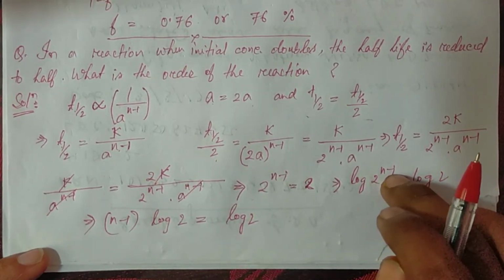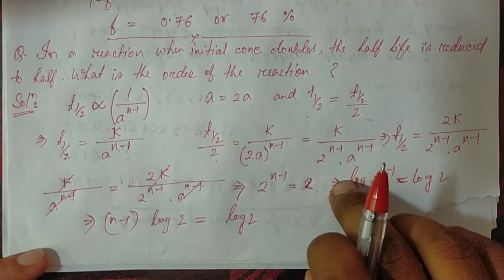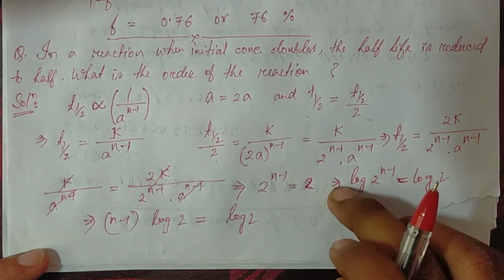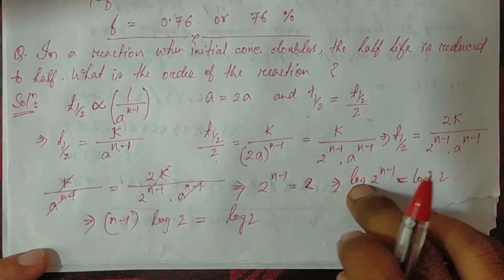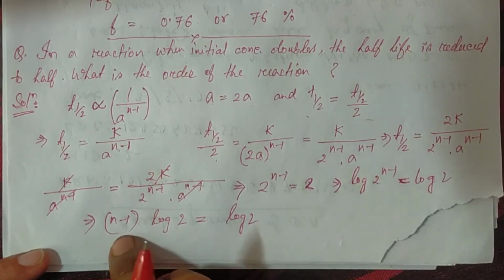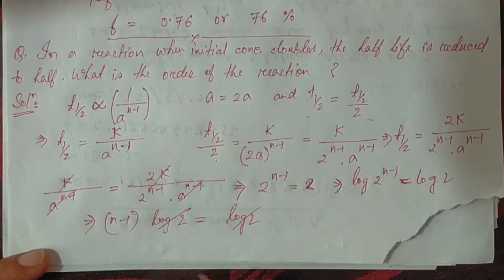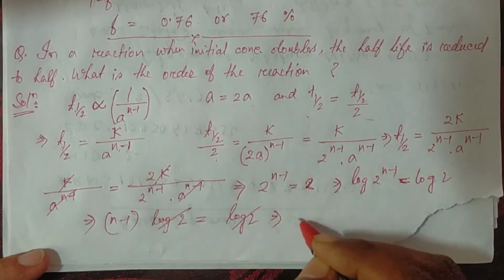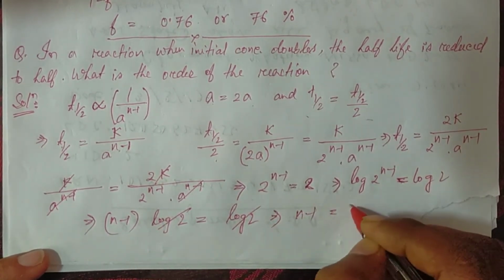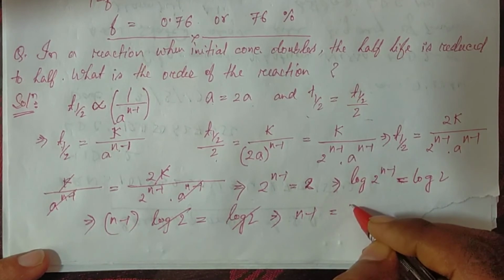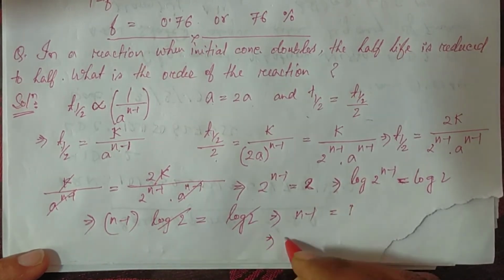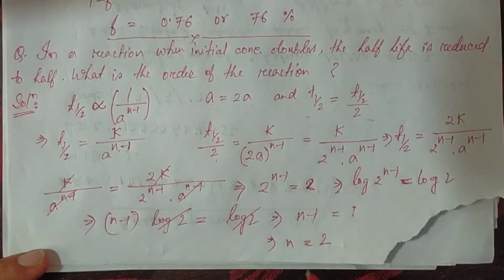This power n minus 1 will come in front of this log 2. So log 2 will be cut off, and n minus 1 will be equal to 1. So n is equal to 2.